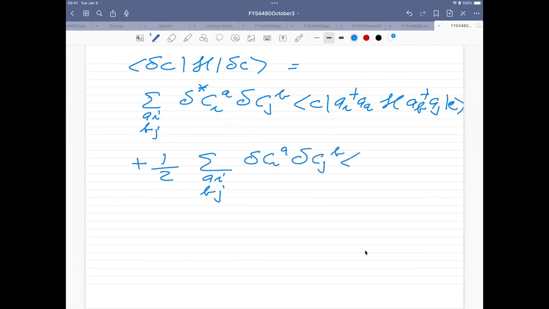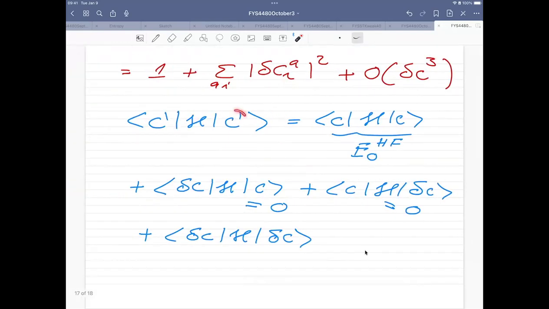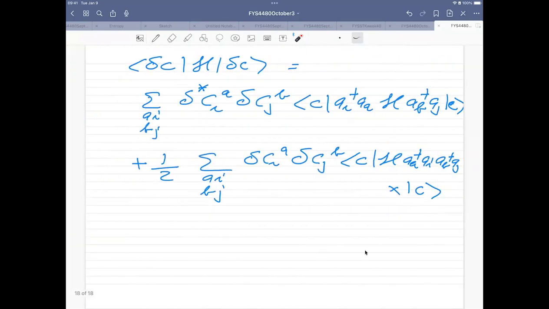And then I'm going to have a state C, I have my Hamiltonian, and then I have a one particle, one hole, and then I have a_B, a_J, and this is acting on C. I said that I wanted to keep contributions in the expansion of the wave function. This notation is a little bit sloppy, because when I'm setting up the state here, I'm going to keep terms up to delta C squared.